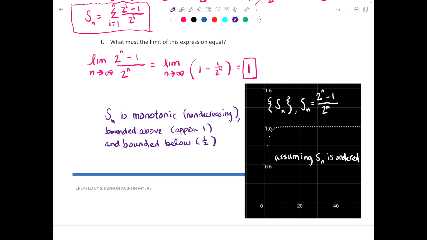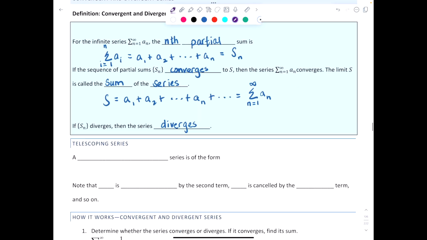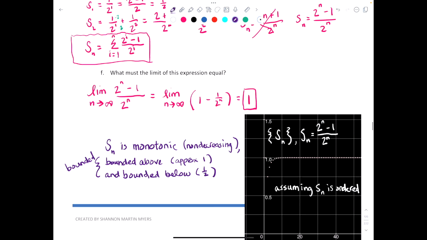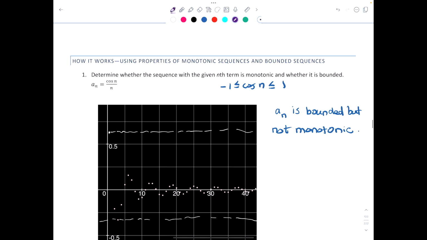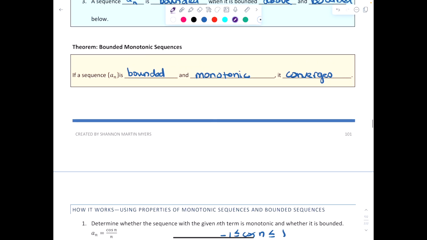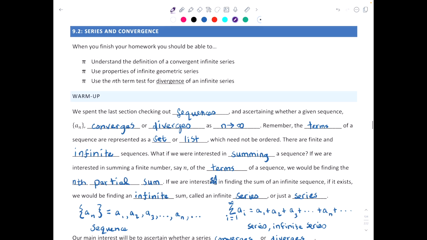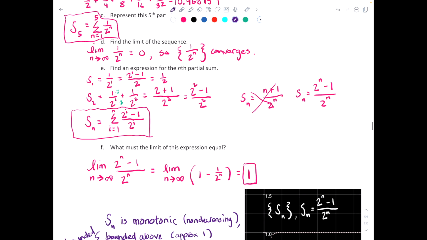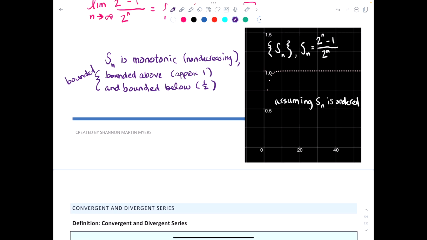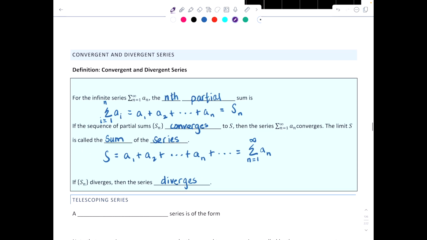And so what we learned from the last section is that our sequence is bounded. So let's take a look at these requirements here. We learned in 9.1 at the end, sorry, I'm skipping around, that if a sequence is bounded and monotonic, it converges. And we did find that this sequence converges. It just happens to be a sequence of partial sums. Pretty cool, huh?